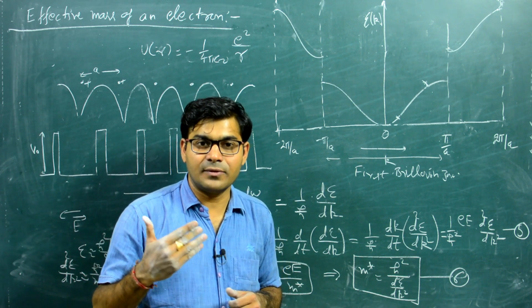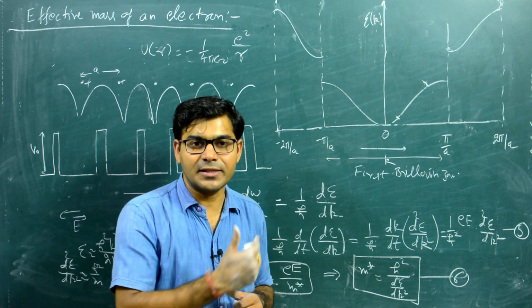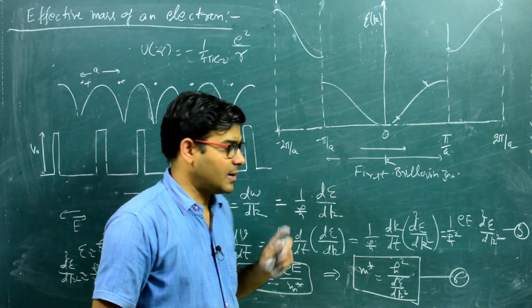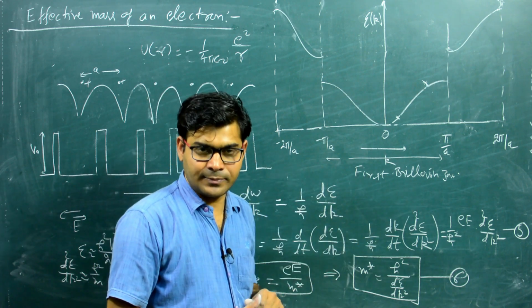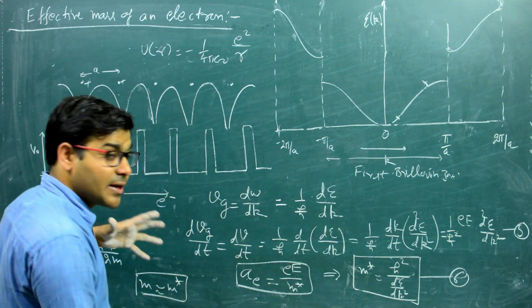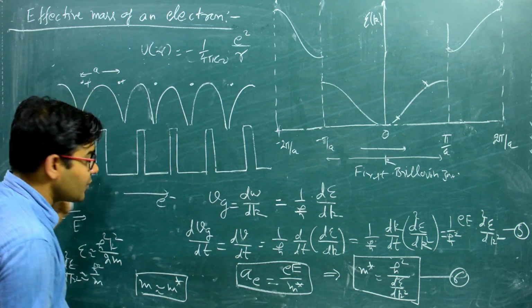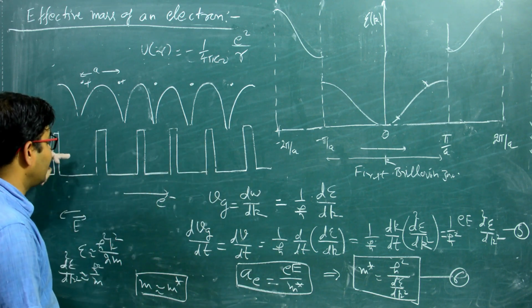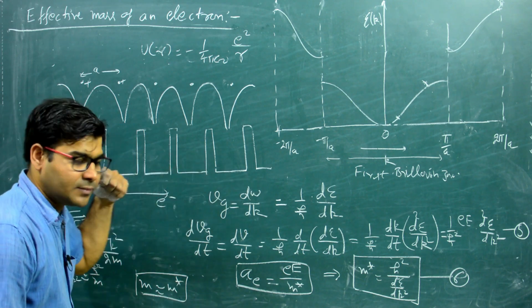Now, the forces from the field inside the lattice as the electron moves from this direction to this direction: how does it happen? Physically, it can be thought of like this. When the electron is moving in this direction, its de Broglie wave is also moving in this direction.